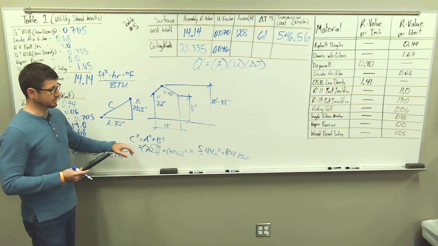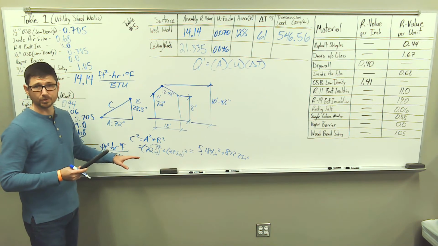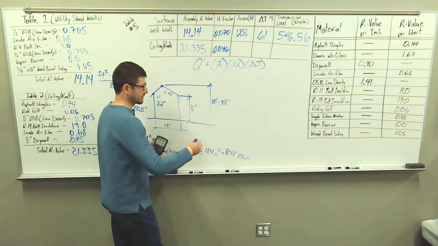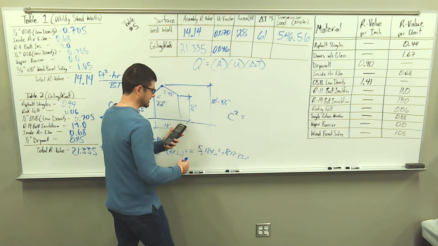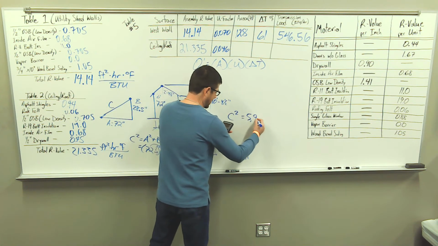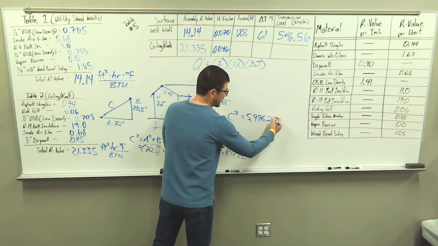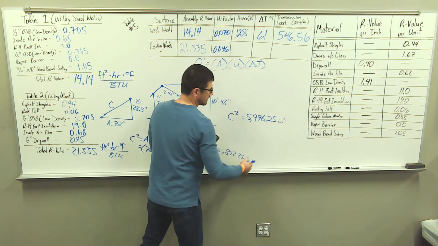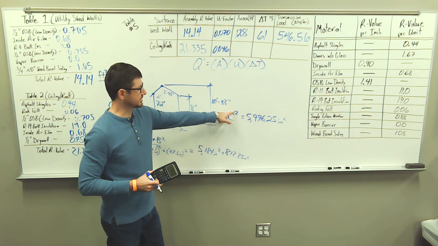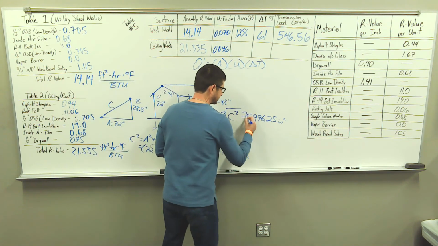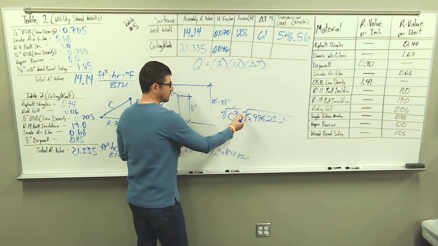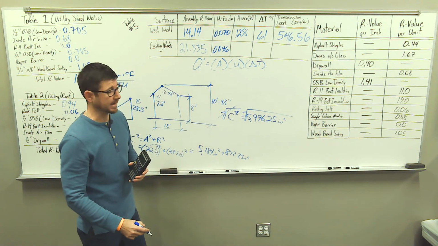Now, we have a squared on the left-hand side of the equal sign. So what I'm going to do is take the square root of both sides. So this is what I have going on right now: C squared equals 5,996.25 inches squared. To eliminate the squared here, I'm going to take the square root of both sides. So our square root and our squared are going to cancel.